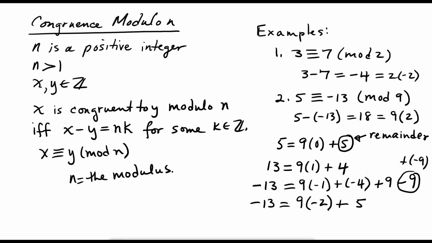So now I can see what the remainder is when I divide 9 into negative 13. And again, I know that negative 13 and 5 are congruent modulo 9 because you have the same remainder when you divide both numbers by 9.